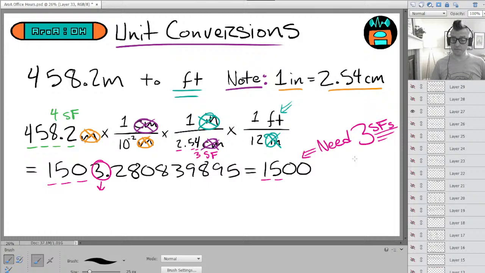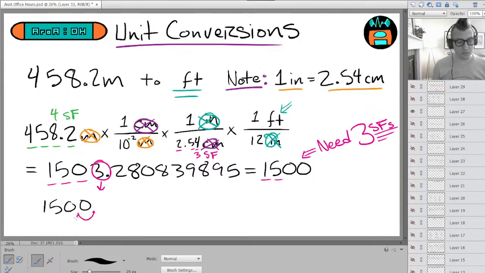So what are we going to do? The answer is, as always, scientific notation. We've got 2 sig figs, we need 3. If we added a 0.0, it would have too many, it'd have 5 sig figs. So we need to convert 1,500 to scientific notation.